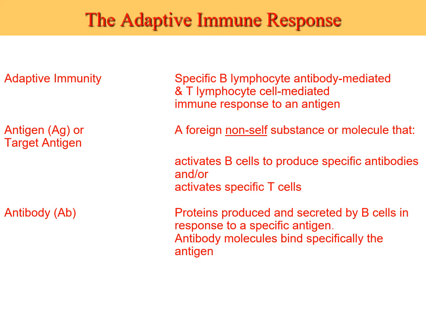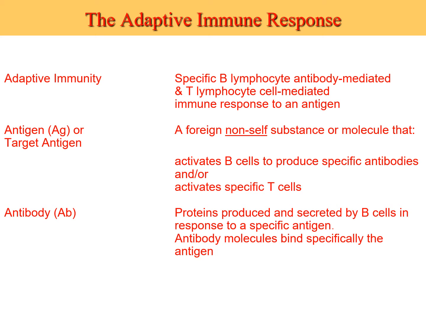If a B cell or a T cell meets up with its target antigen, it gets activated and will start to divide rapidly, doubling, say, every 12 to 24 hours.